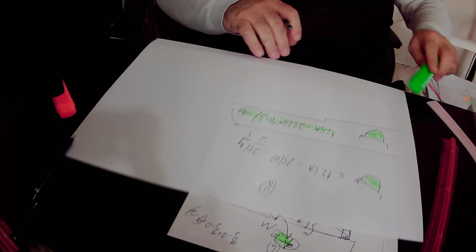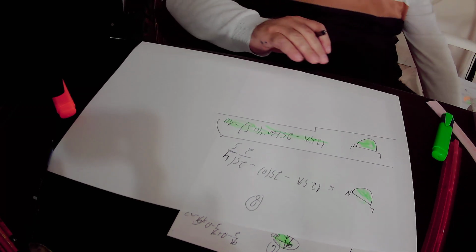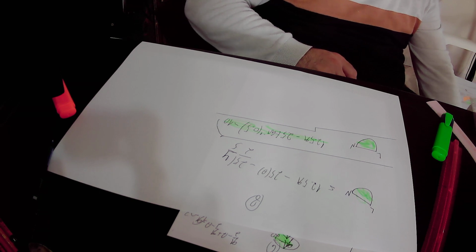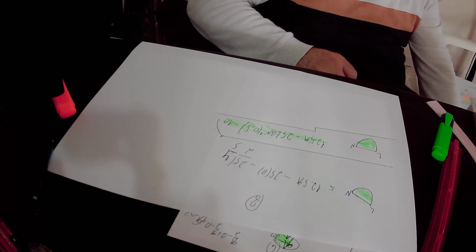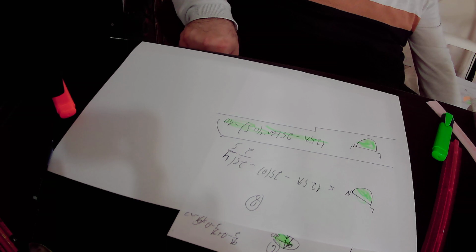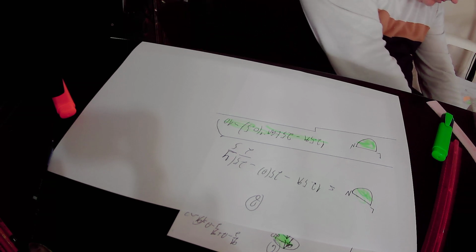And we have already found out also the area of the upper circular segment of the big lens.